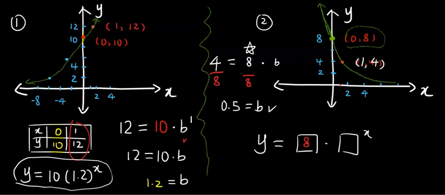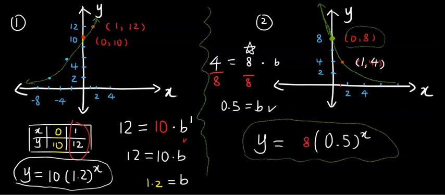You write down 0.5 here. And to make it look more beautiful, you can put parentheses here. So 8 times, and I'm going to put a parenthesis, 0.5 to the x power. And we are done for the second graph.